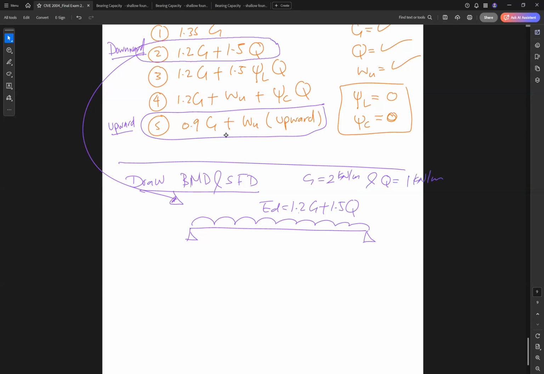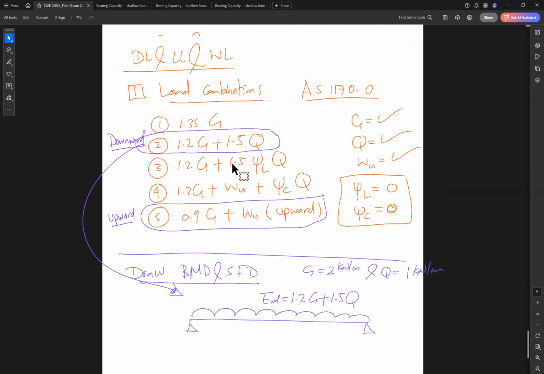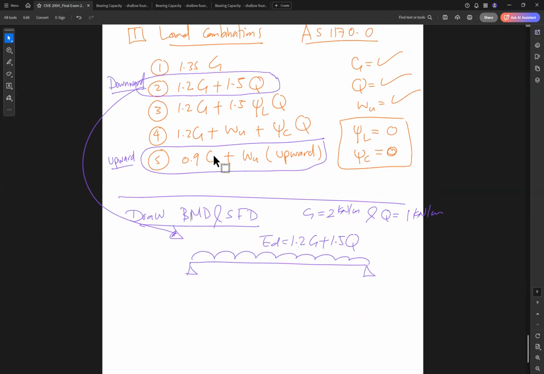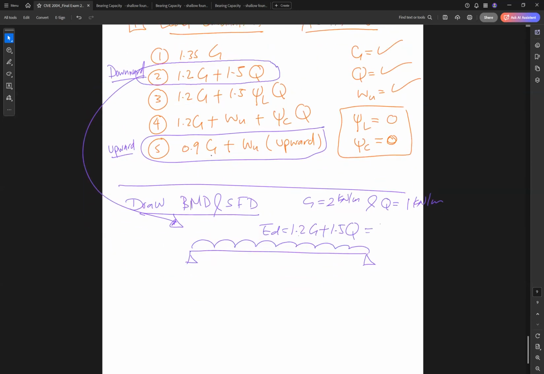Can you find this value or not? I just assume numbers to give you. So 1.2 times 2 plus 1.5 times 1, so 2.4 plus 1.5, which is 3.9 kilonewton per meter, or almost 4 kilonewton per meter.